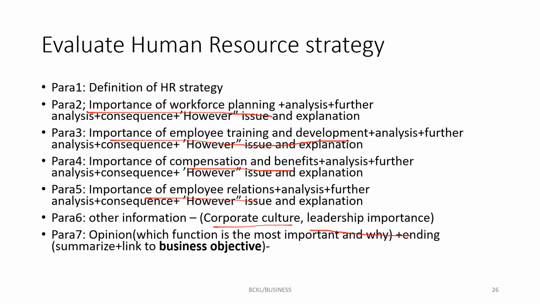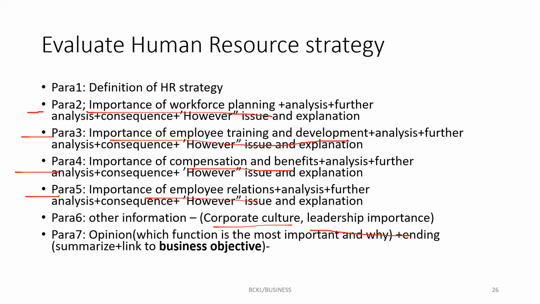And then when we are talking about the evaluation, here in each paragraph you will be getting 2 marks for analysis, 1 mark for evaluation. 2 marks analysis makes 2, 4, 6, 8 points. 8 points, this is for analysis.